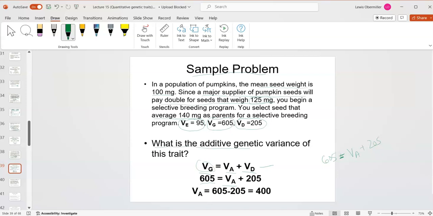So how do we figure this out? The first question is, what's the additive genetic variance of this trait? Well, we know VG is VA plus VD. Environment doesn't have anything to do with genetics, so we don't even include that. Rearranging this, we get VA equals, we just divide it out.